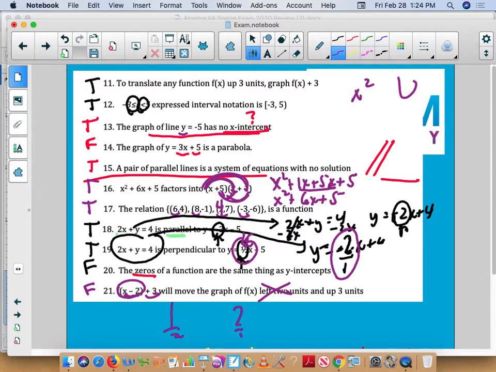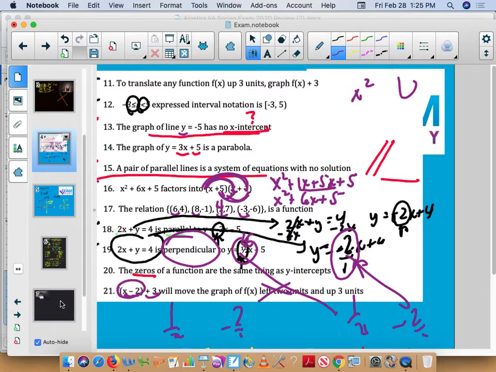So what would its opposite reciprocal be? That's what that slope is. These are perpendicular. The slope of this one is 1/2. The slope of this one is negative 2 over 1. They are opposite reciprocals.